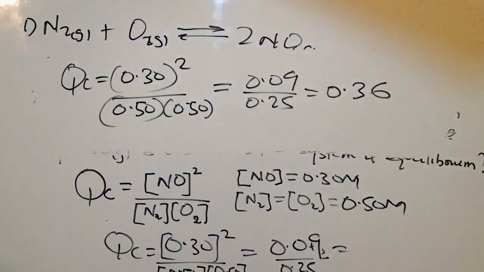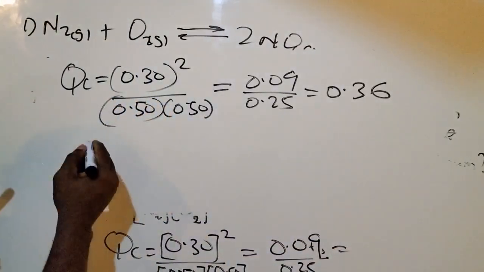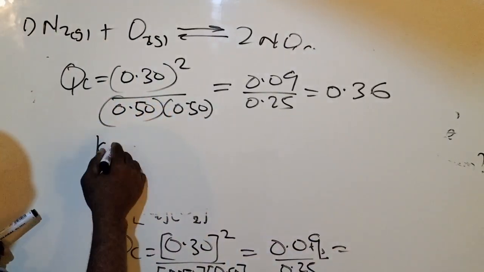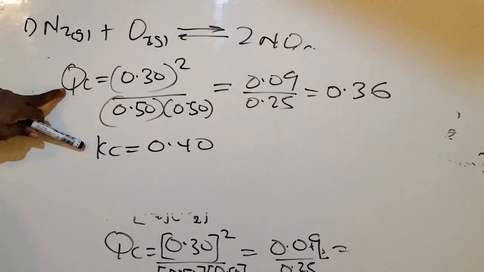So that is the reaction quotient for the reaction. But in the question, we are told that the equilibrium constant Kc is 0.4. Now, look at the value of Qc.